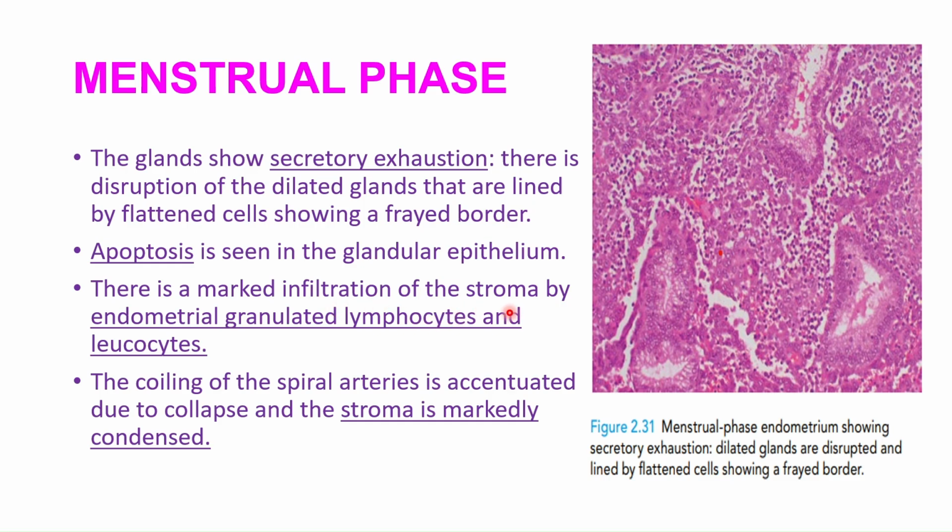There is marked infiltration of stroma by the endometrial granulated lymphocytes. These dark blue dots are granulated lymphocytes, and you can also see polymorphs. Then the coiling of the spiral arterioles is accentuated due to the collapse, and the stroma is markedly condensed.